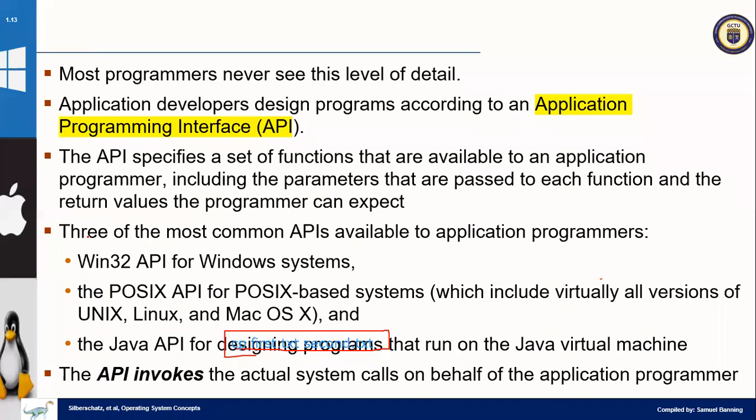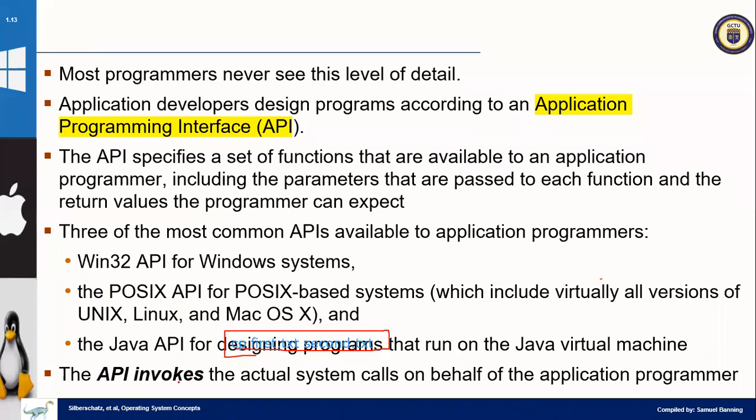There are three most common APIs that are available to application programmers. The first one is the Windows API for Windows systems. Then we have the POSIX API for computers that are POSIX based, which include virtually all versions of Unix, Linux, and Mac operating systems. Then we also have the Java API for applications that are designed to run on the Java virtual machine.